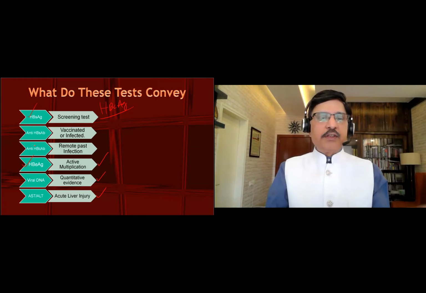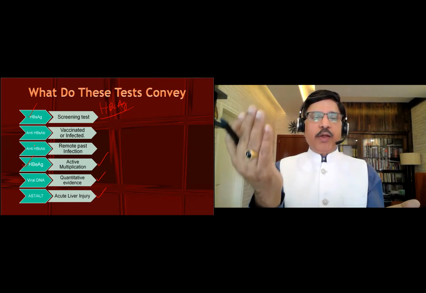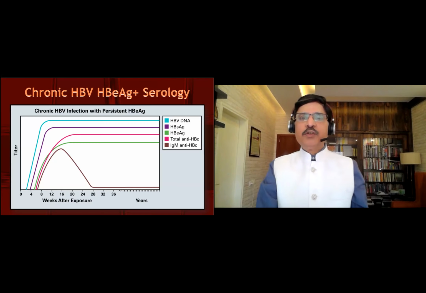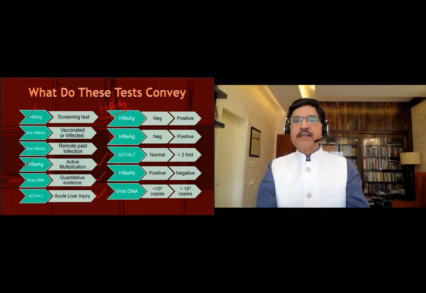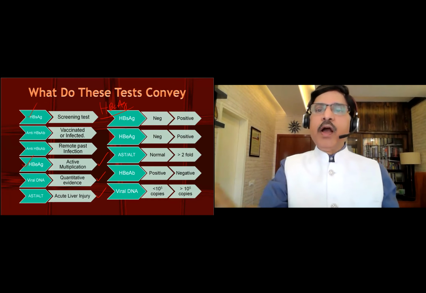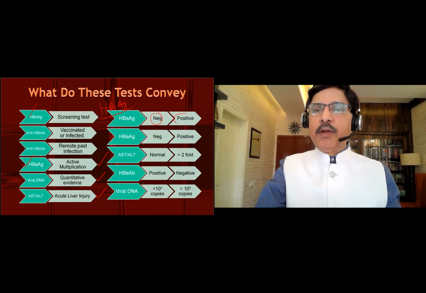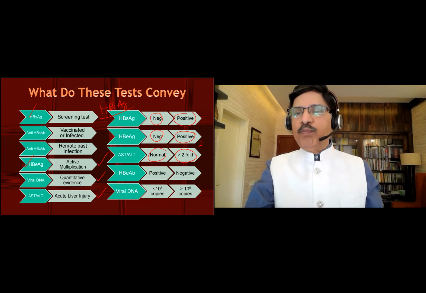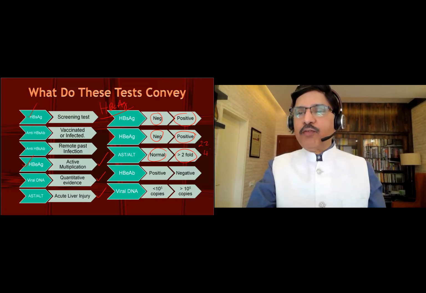If this is lower and the body immunity is more, it will be a chronic carrier. So how do I know that? So HBs antigen negative or positive, two results are possible. HBe antigen also negative or positive. ALT normal or more than twofold. Suppose normal is 22, it should be at least more than 44.